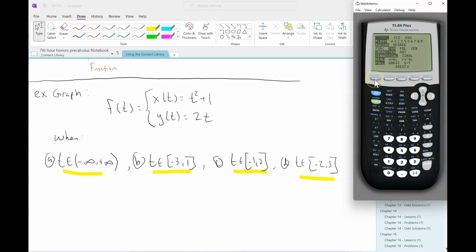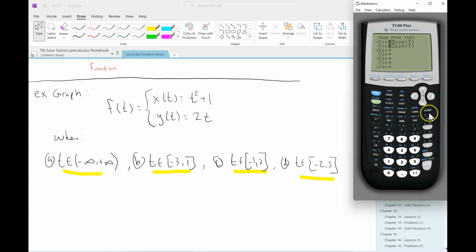Okay. So if we press the Y= button now, our Y= menu looks much different than it did before. Notice that in each of these we have an X1 of t, a Y1 of t, etc., because the parametric function has 2 parametric equations, one for x and one for y.